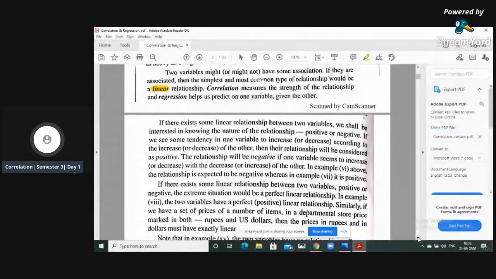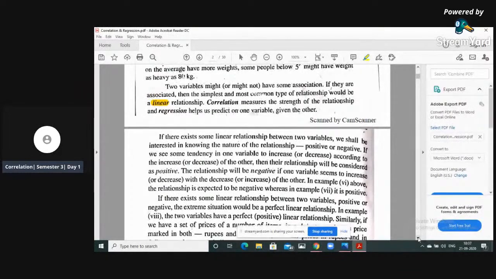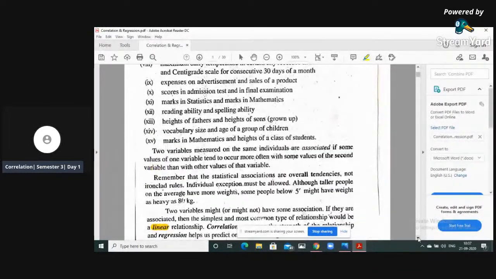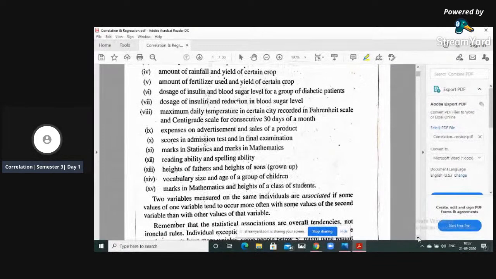If we go to the above example, example 6 is a negative relationship. Example 6 states dosage of insulin and blood sugar level for a group of diabetic patients. Why is this relationship negative? If you increase the dosage of insulin, the blood sugar level automatically decreases. So one variable increases, the other variable decreases. Hence, the relationship is negative.